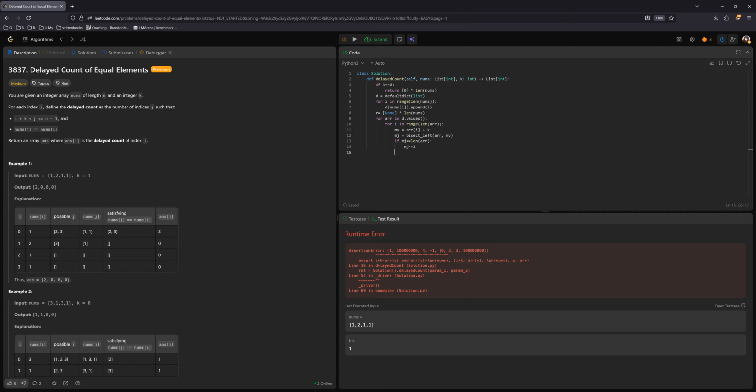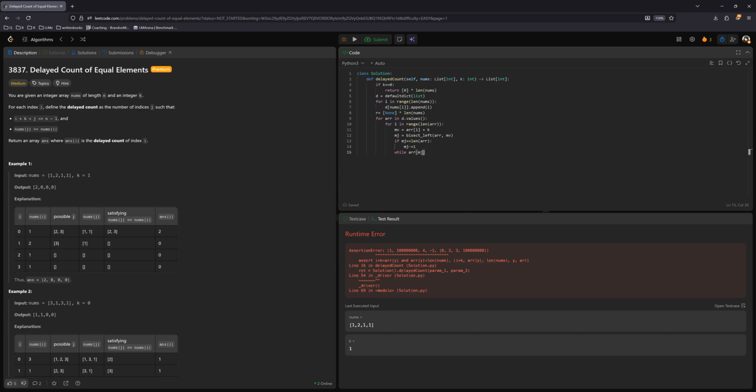Okay. Now, while ARR of MJ is greater than or equal to?